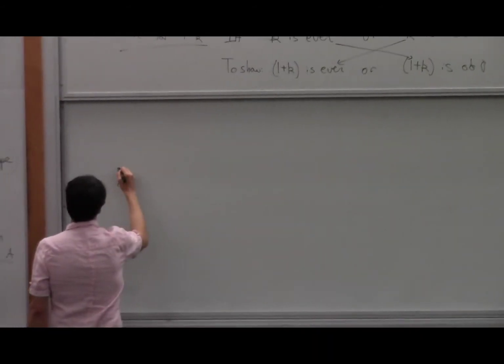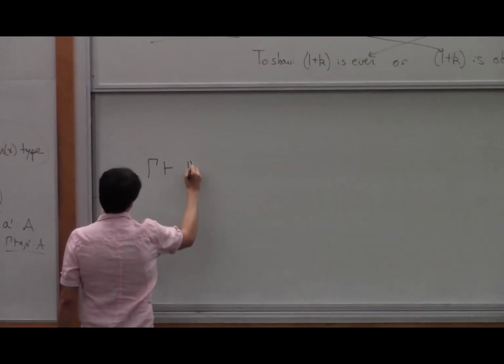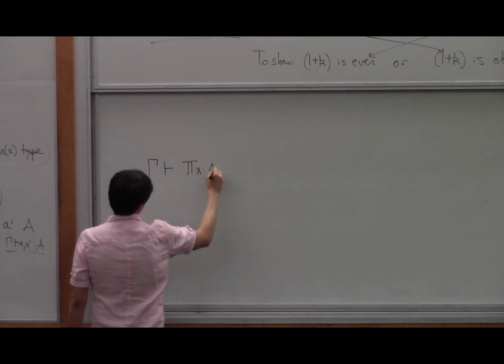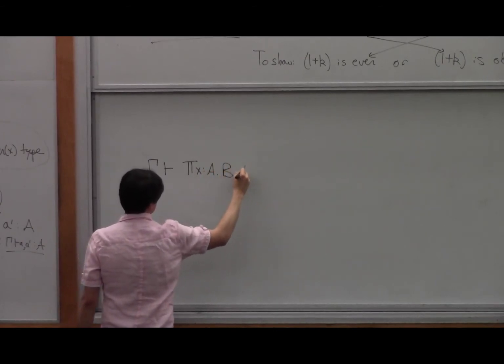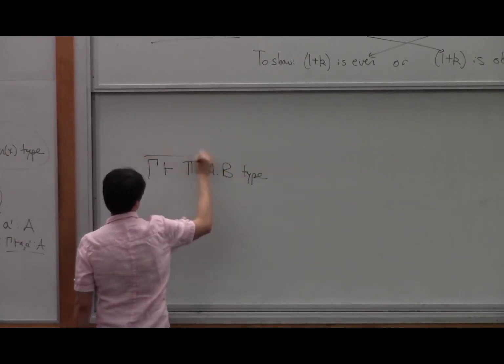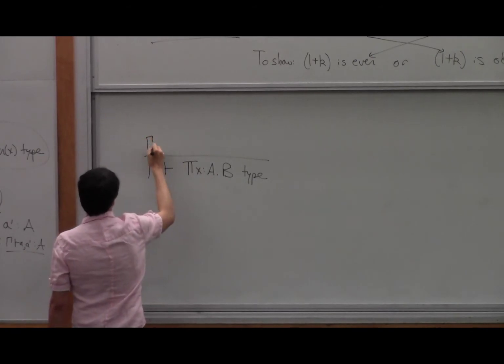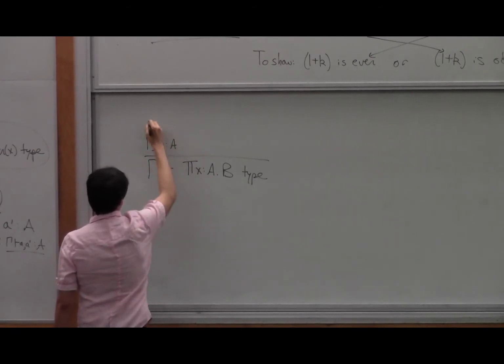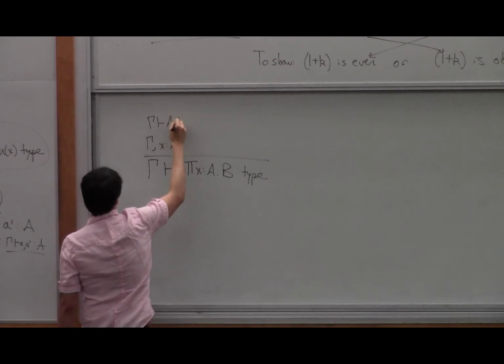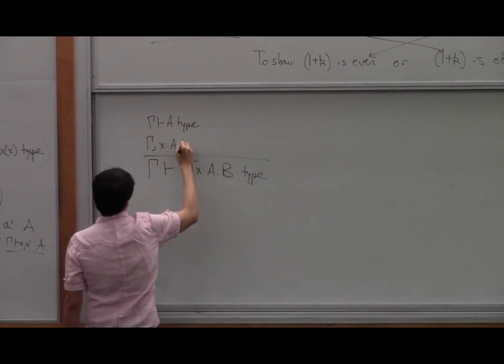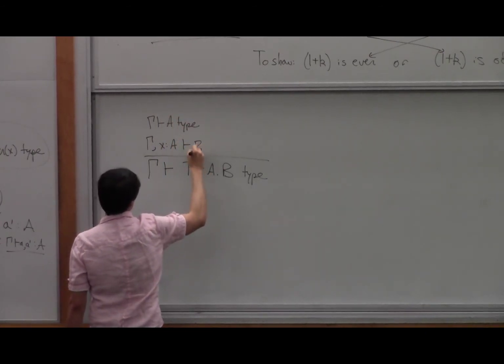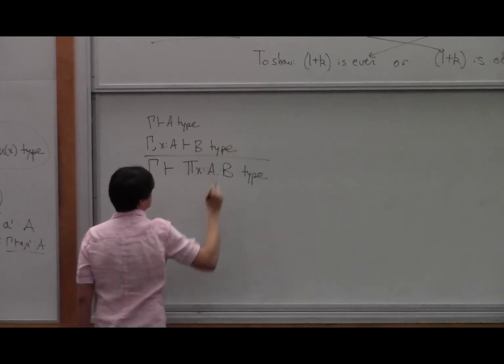So in dependent type theory, there's a type pi x colon A dot B, which is a type under the assumption that A is a type, and assuming x has type A, B is a type.